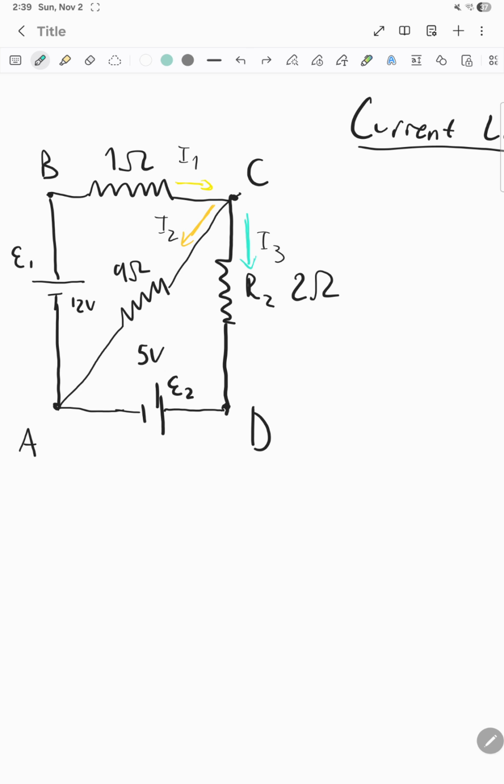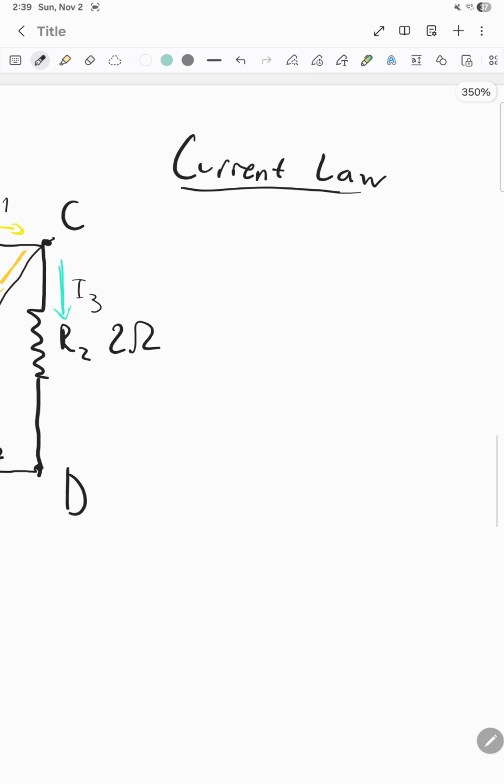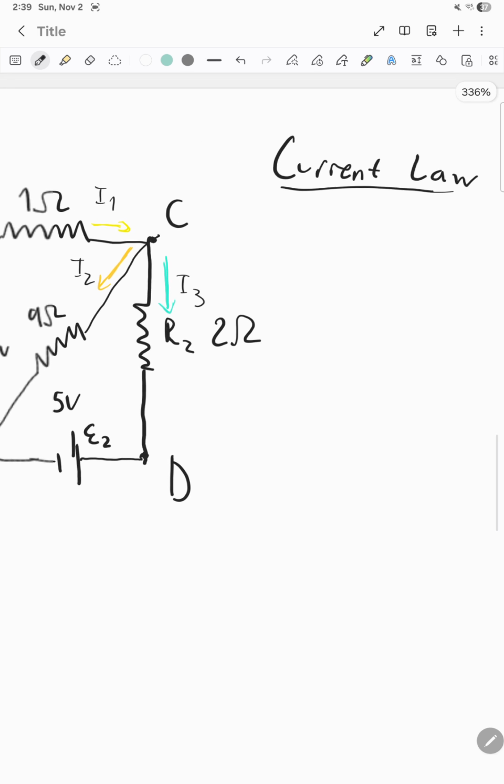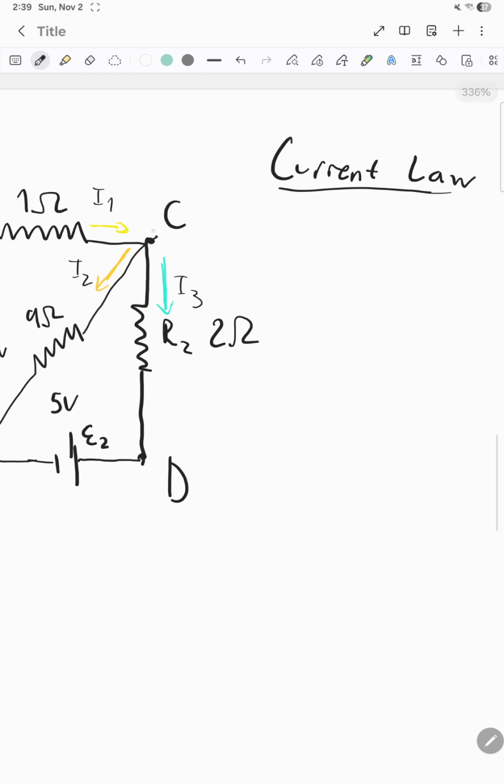All right. So here we have our three currents, and this is why I talked about Kirchhoff's current law, because as you can see, we have one current, I1, entering, and you have two escaping. So if you remember, the sum of the current entering will be equal to the sum of the current escaping.